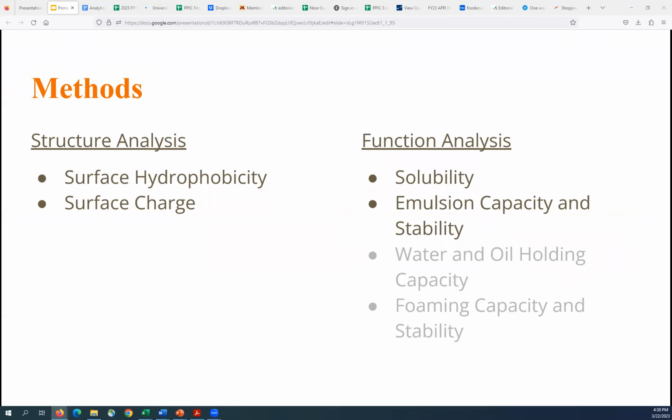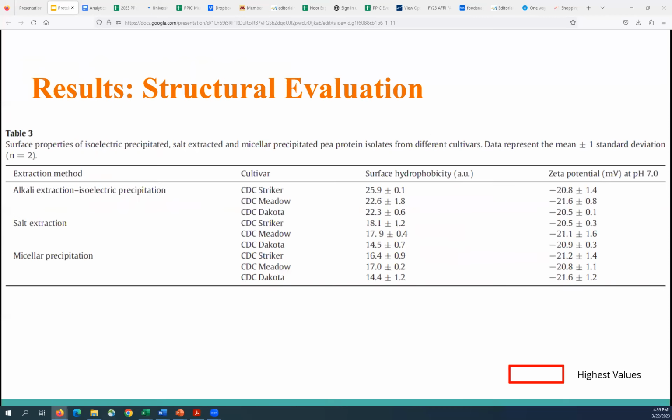Now, for the next step, we have to study structure analysis and functional analysis. We start with the structure evaluation. Surface hydrophobicity: the globulin fraction had higher surface hydrophobicity than the albumin fraction.